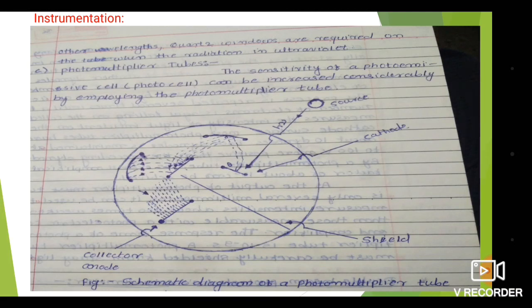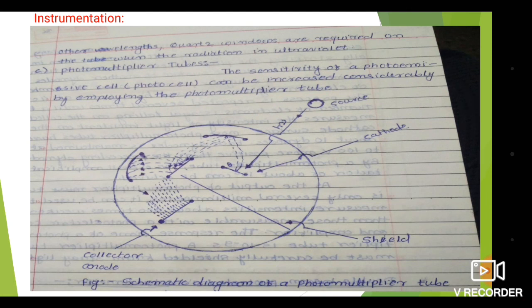When light is incident upon the cathode surface, electrons are ejected. These are collected at the sensitive surface of the dynode, and secondary electrons are emitted in a greater number than initially striking the plate.